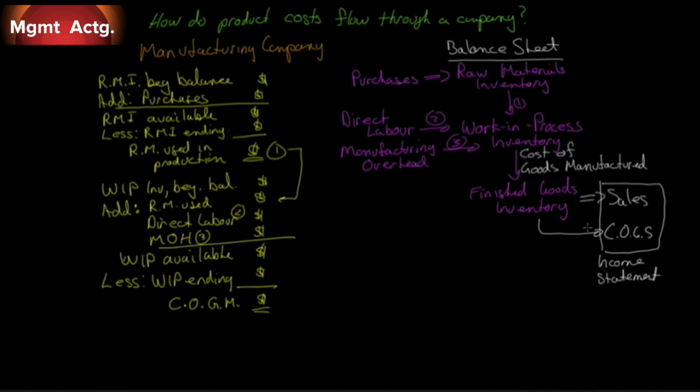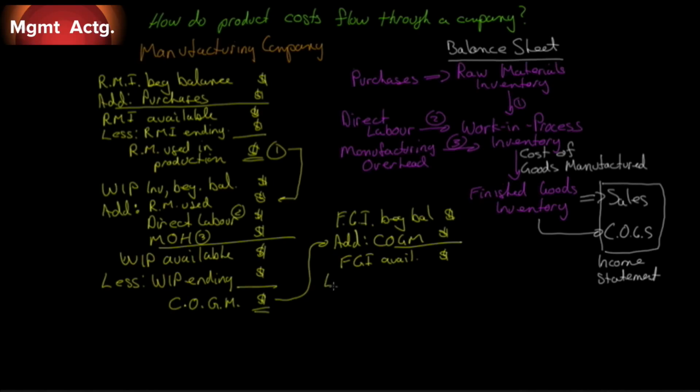The third one we do it again. Finished goods inventory, beginning balance. And our beginning balance was whatever it was at the beginning of the period. To that we add our cost of goods manufactured, which we just figured out. That will give us the total finished goods inventory we have available for sale. From that, we subtract how much beer we have left.